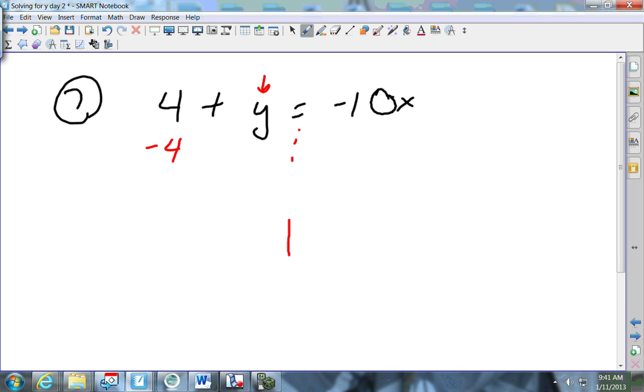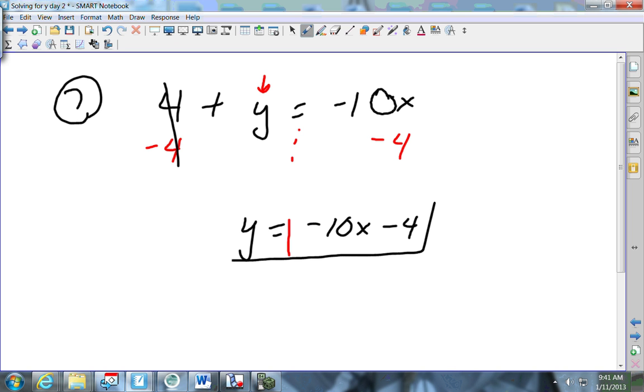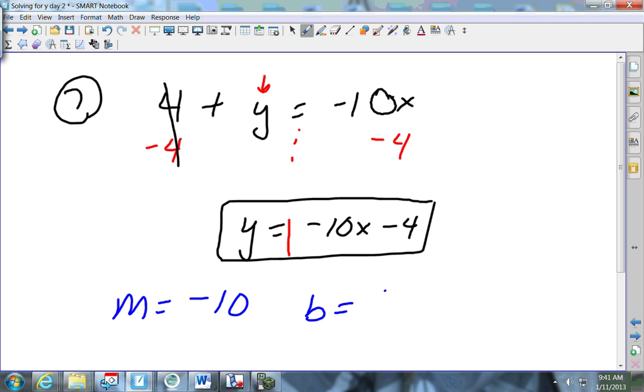So all I'm going to do is subtract 4 from each side. These cancel. I get y equals negative 10x minus 4. That's my equation. My slope is negative 10. My y-intercept, 0, negative 4.